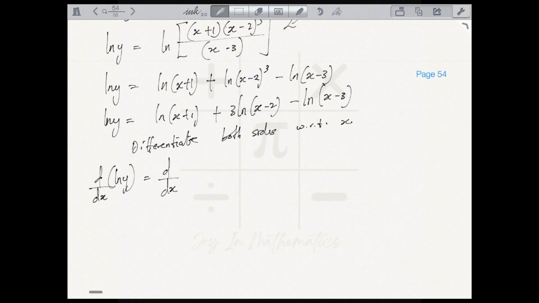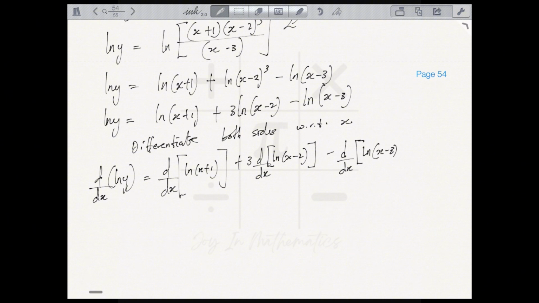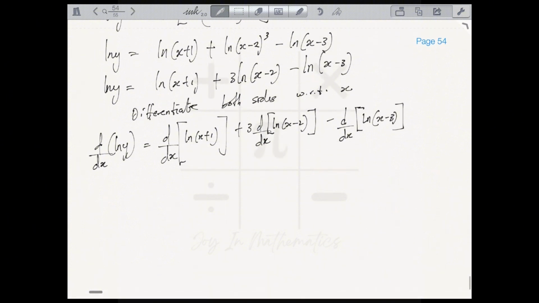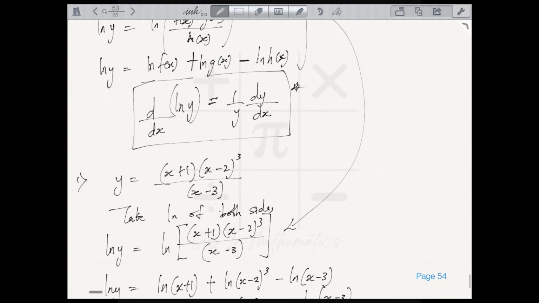So we can split it to have d/dx of ln of (x plus 1) plus 3 d/dx of ln (x minus 2) minus d/dx of natural logarithm of (x minus 3). Now, if we go back to the principle we had here, d/dx of natural logarithm of y is 1 over y dy/dx.